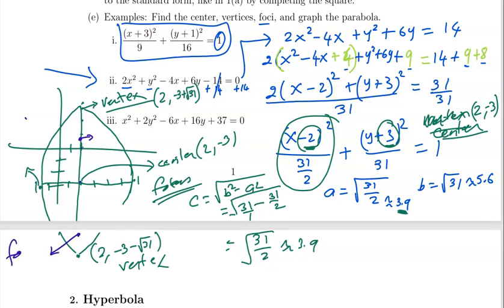So the foci are 2 comma -3 minus square root of 31 over 2, and 2 comma -3 plus square root of 31 over 2. And that is my two foci. All right, and that's my ellipse.